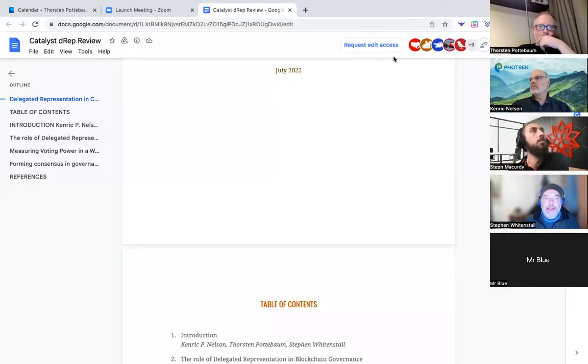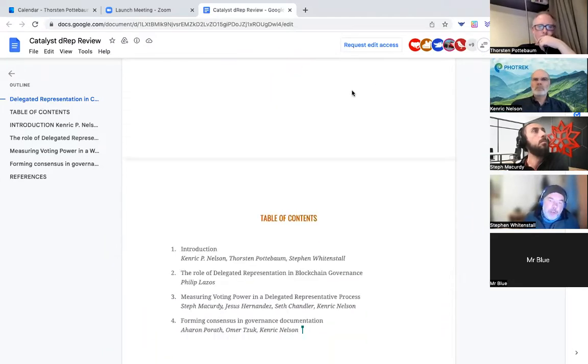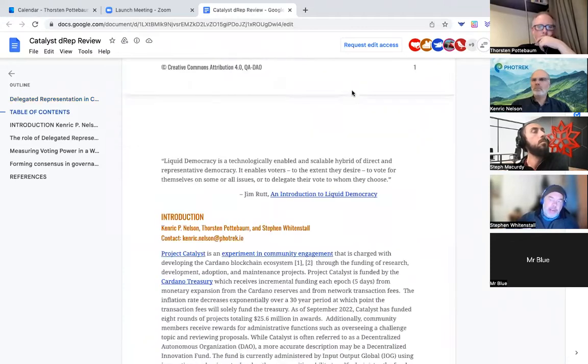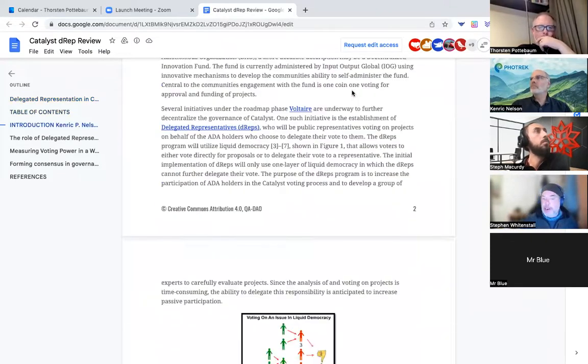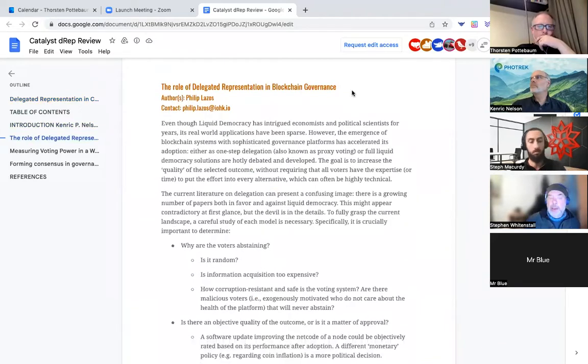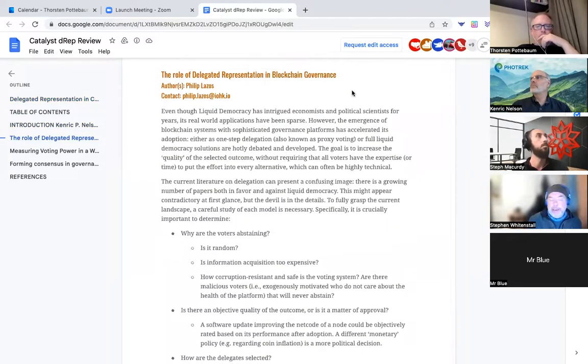Then he goes on to consider: is there an objective quality of the outcome, or is it a matter of approval? If you look at the way we vote on different things, certainly on blockchain, sometimes it's very scientific, almost like a code release, so that's very objective. But oftentimes it's a matter of approval. So it's very political.